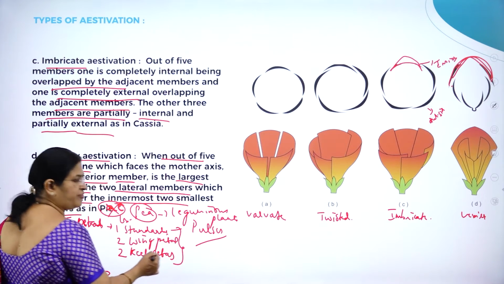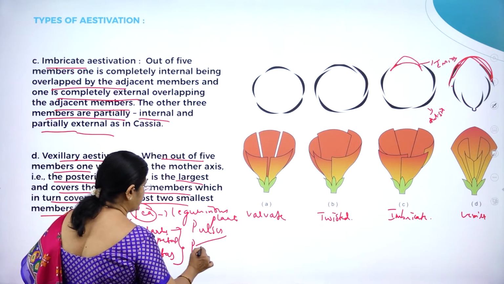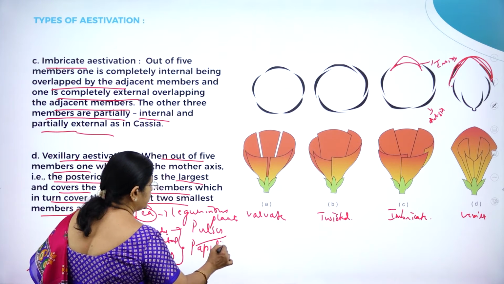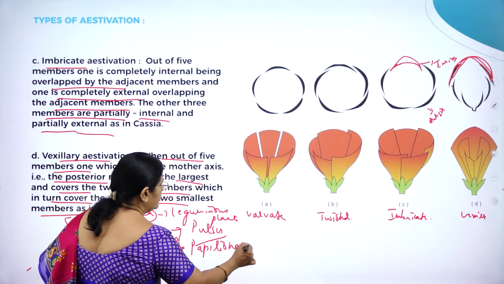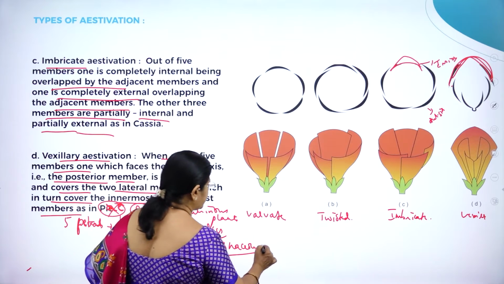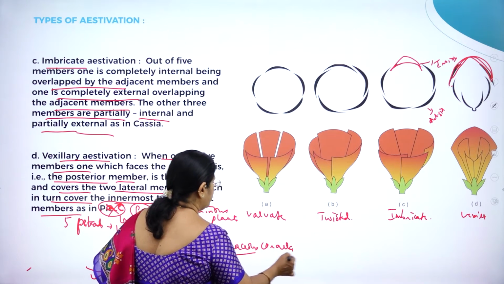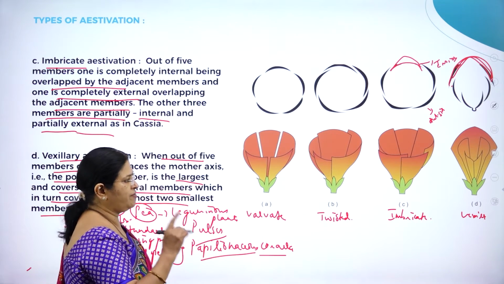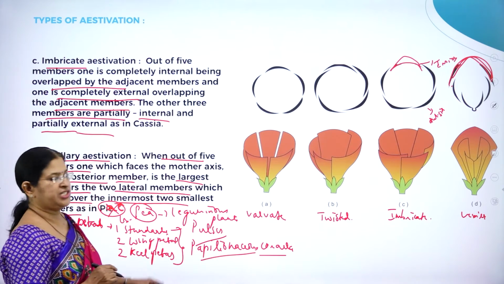Such type of flowers is called papilionaceous. It is called papilionaceous corolla. So vexillary estivation will always have this papilionaceous corolla.